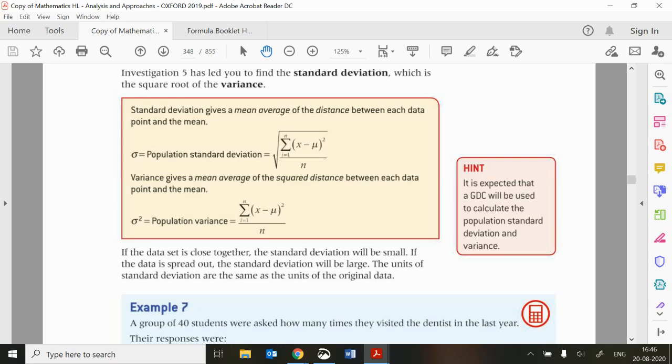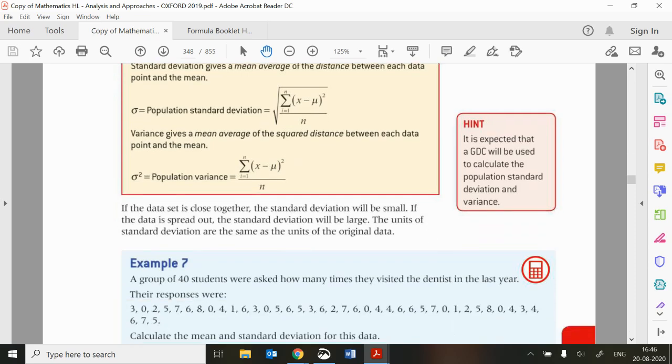But sometimes they use s, sometimes they use sigma. And here they're saying sigma is equal to the population standard deviation. But you can call that the sample standard deviation as well if we're taking away x bar rather than mu. Okay, the correction I'm talking about is going to happen later. It's in a later exercise.